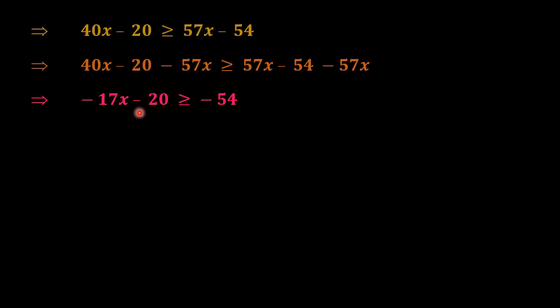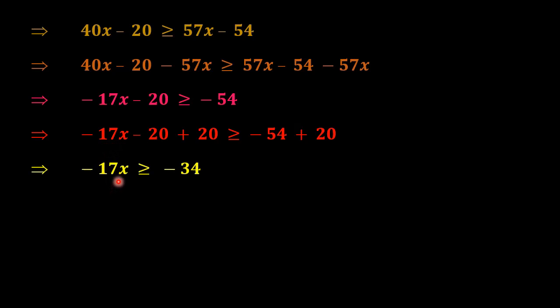Now again we try to eliminate minus 20 by adding plus 20 both sides. So here on the left hand side it will be only minus 17x greater or equals to minus 54 plus 20 is minus 34. So here we cancel, 17 ones are 17, 17 twos are 34.